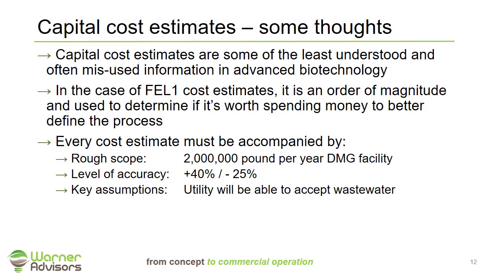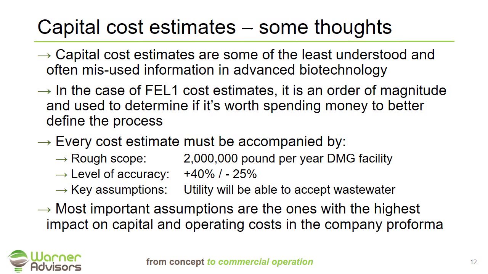In the case of our dimethyl glop process, we've assumed that the wastewater we generate will be able to go to a local wastewater treatment utility. If that's not the case, and we have to build facilities on site, that's going to have a significant capital cost to it. So it's very important every time we quote a capital cost estimate that there's at least some basic context that goes along with that estimate.